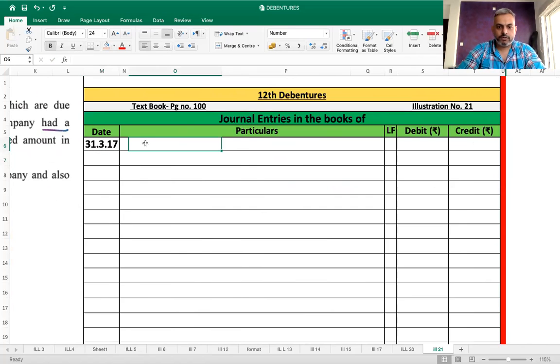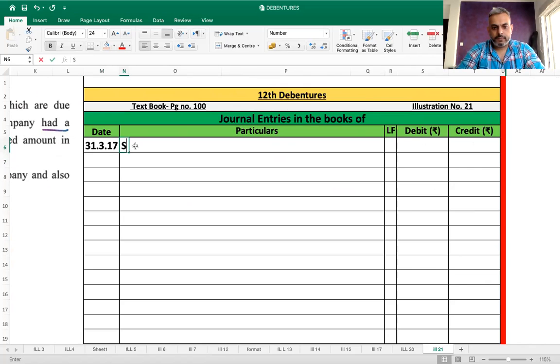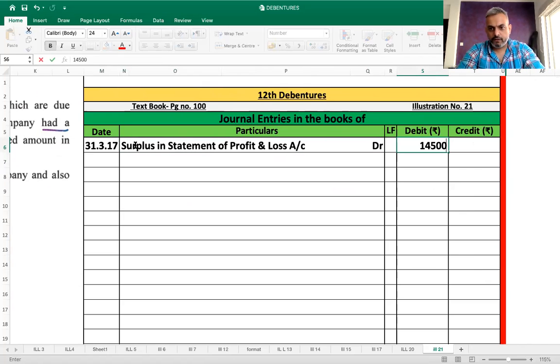On 31/3/2017, we write the entry: surplus in statement of profit and loss account, debit 10,40,000, to debenture redemption reserve account 10,40,000.